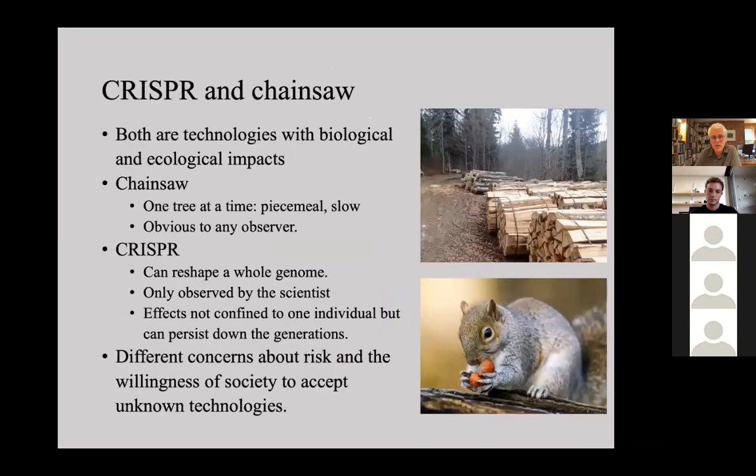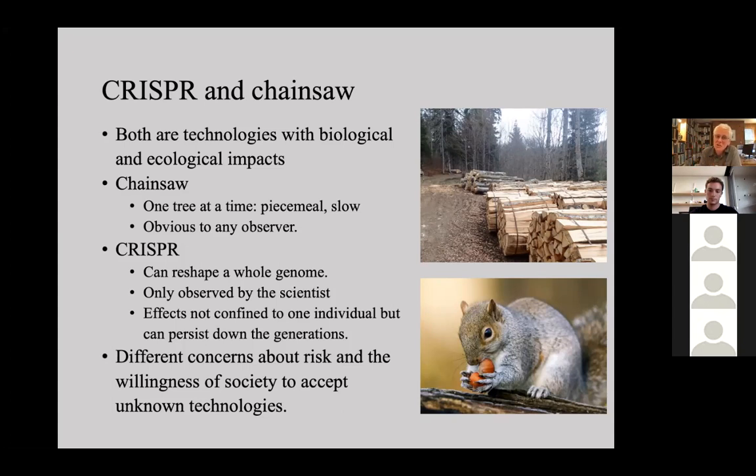And in terms of technology, I rather like the comparison of the CRISPR and the chainsaw. Both technologies have biological and ecological impacts. The chainsaw does its work one tree at a time. It's piecemeal, it's slow, it's obvious to any observer. Illegal logging is a problem, but it's at least conceivable that you can see it and fix it. CRISPR is different.